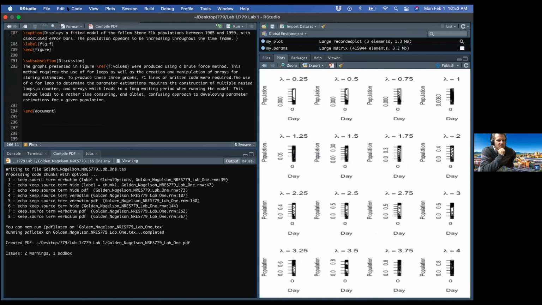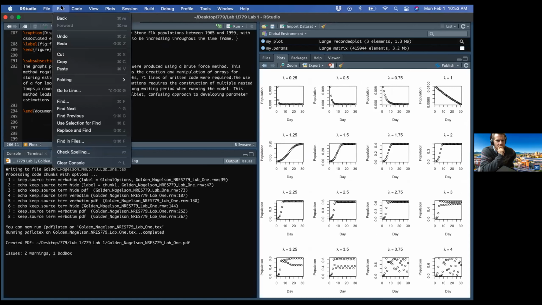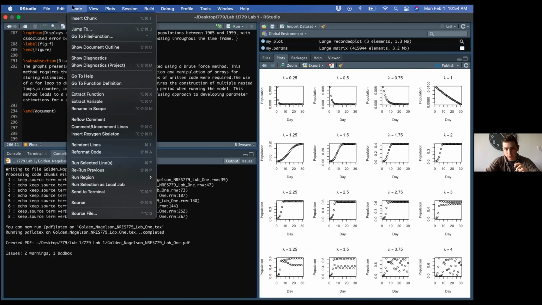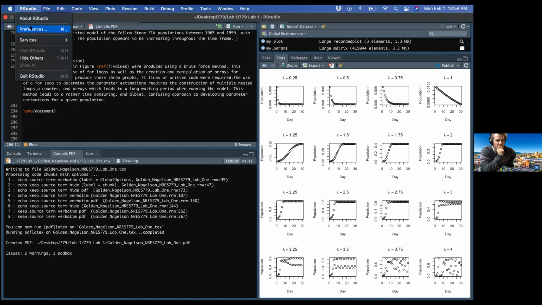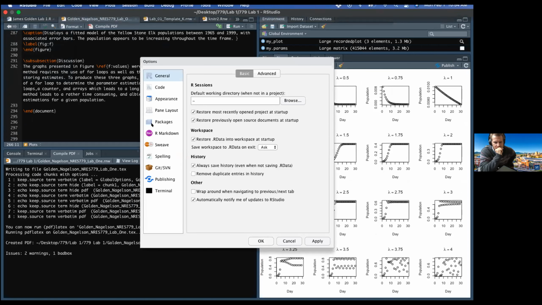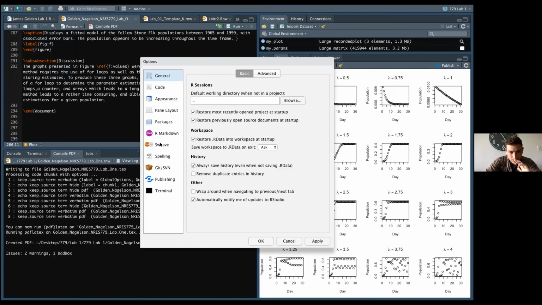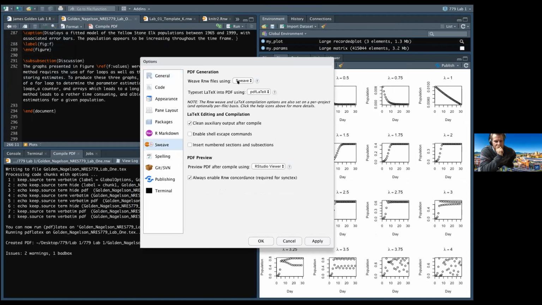I'm not sure exactly. Maybe just go to RStudio and then Preferences. You guys can see my screen, right? Yep. Okay. Go to the left to RStudio, and go down to Preferences. Right. Now you have that Sweave menu on the left. Change that at the top to Knitr. There you go. Apply that, and then you can close that and then recompile.